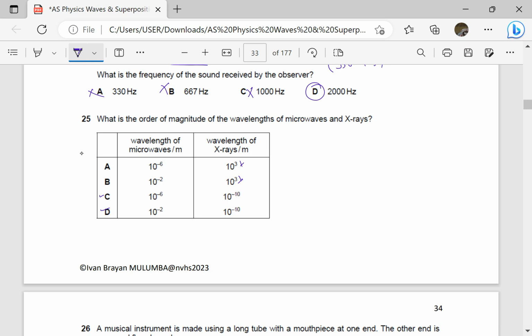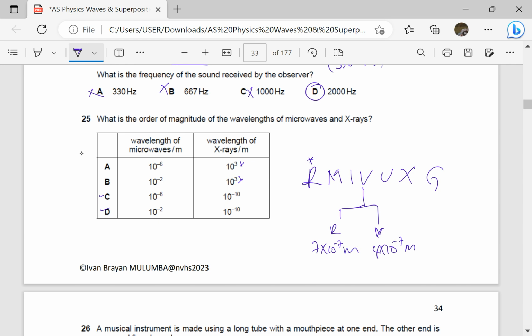Yes, we are seeing the wavelength of X-rays is less, but what is the order? Let's check. Richard's mother is visiting Uncle Xavier's garden. This one has the highest wavelength. And for the visible light, we have red and violet. Red is 7 times 10 power negative 7. Violet is 4 times 10 power negative 7 in meters. So X-ray is this side.